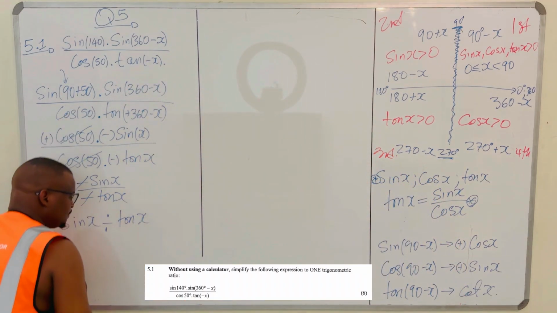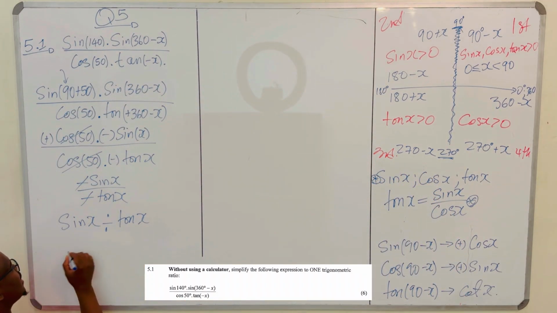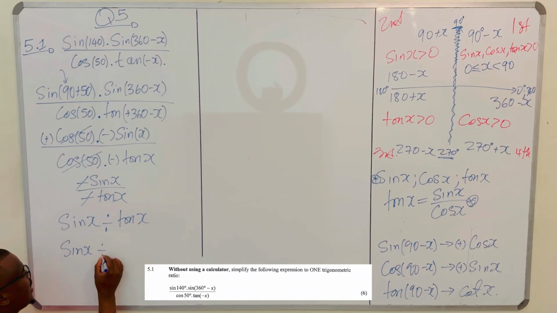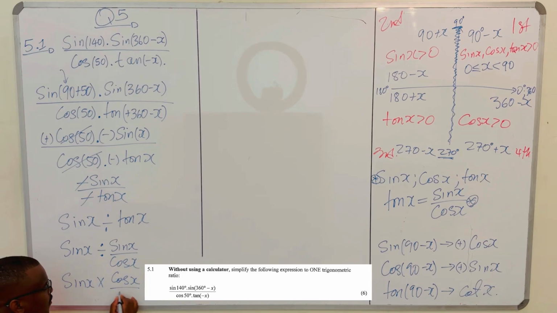So what do we do? We say, okay, sine x divided by tangent of x, which is sine x over cos x. Then we change this division to a multiplication sign by flipping this around. So you have sine x times cos x over sine x.